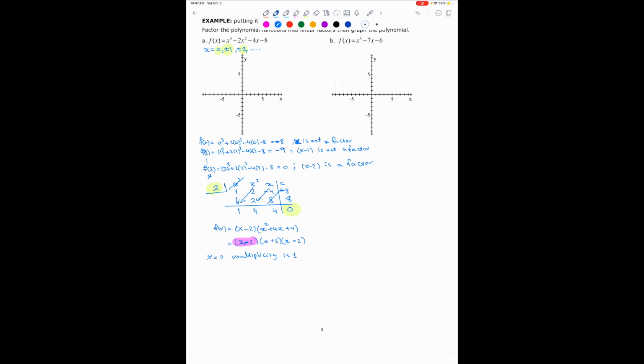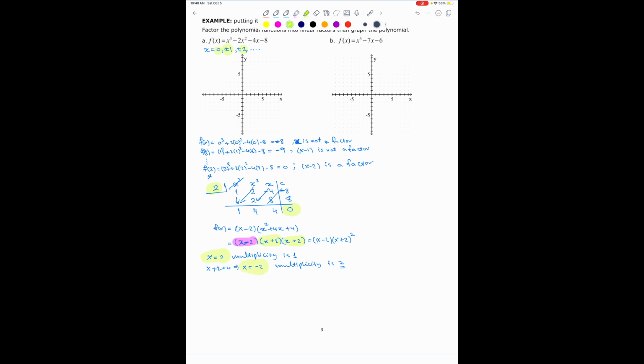And then notice how those two are the same, so we can basically rewrite this expression as x minus 2 times x plus 2 all squared, which means if we make the second factor, x plus 2, equal to 0, that will lead to x equals negative 2, and the multiplicity here is 2. So the multiplicity of the second zero is 2. So we have this zero and we have that zero.